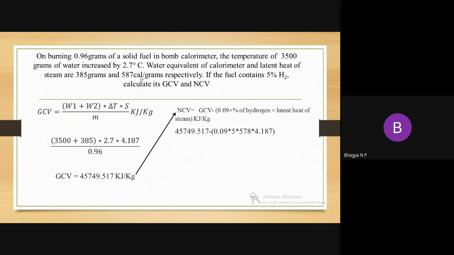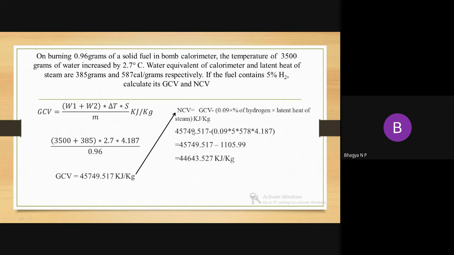That we have to convert into SI unit, which can be done by multiplying with 4.187. On calculation, we get 44,643.527 kilojoule per kg. This is the NCV value.